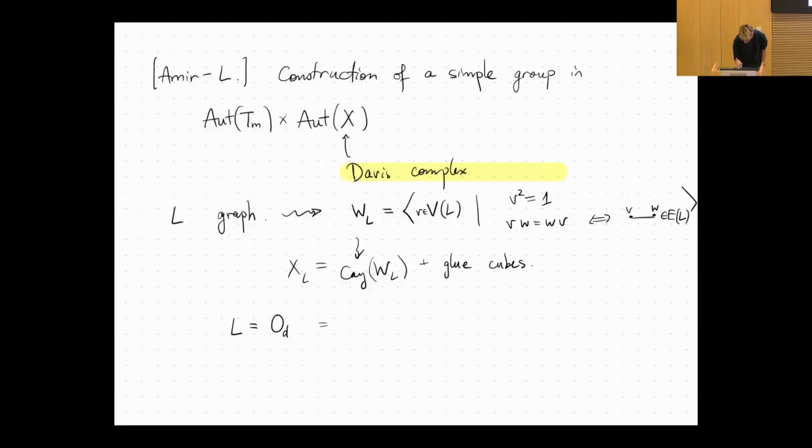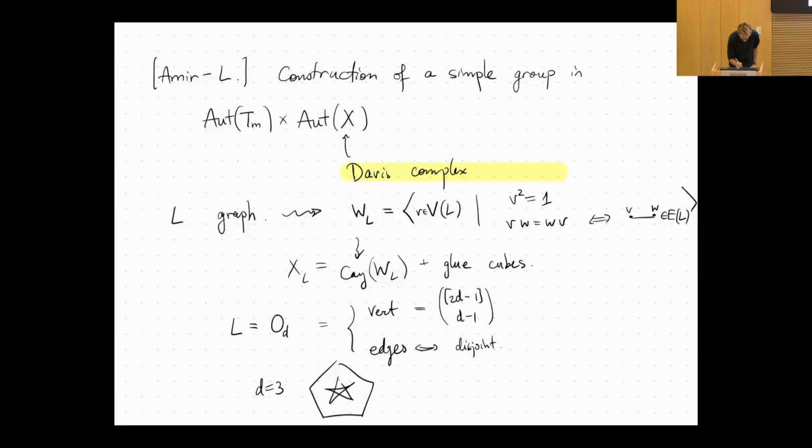You take the vertices to be all sets, and I'm always getting this wrong, I think it's 2D minus 1. So D minus 1 subsets of the set of 2D minus 1 numbers, and you connect two of them by an edge if and only if they are disjoint. D is supposed to be the degree of this graph. The case D equals 3 gives the Petersen graph. That's the only one I can draw.